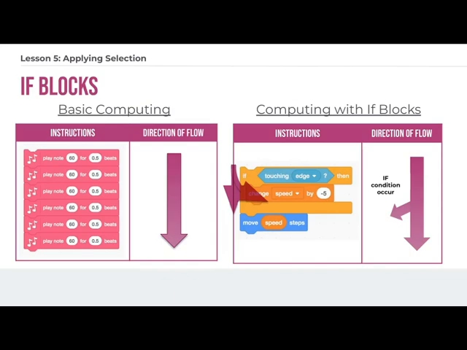So in this particular case, the control flow branches off based on whether or not the sprite is touching the edge of the screen. Maybe that's like the mud pit or something like that. So if the condition does occur, then the sprite slows down its speed. If the condition does not occur, then the program simply moves on to the next instruction.